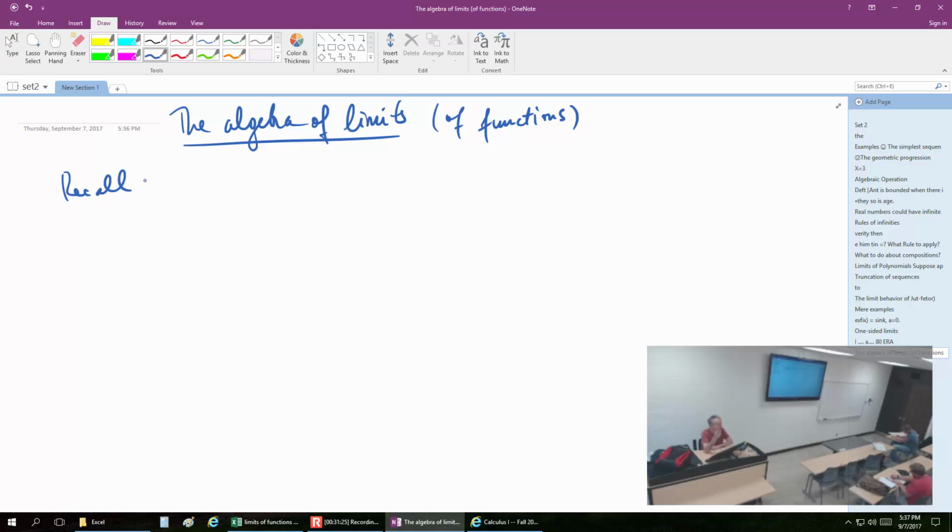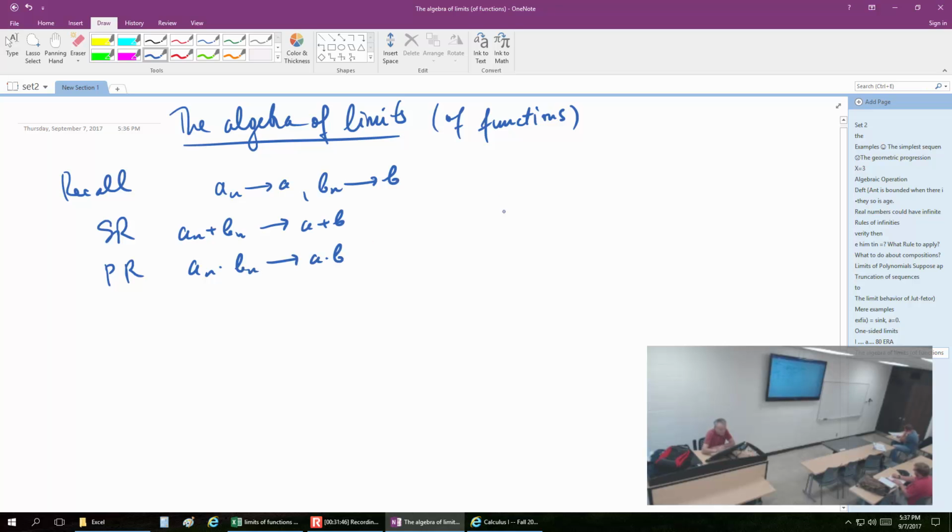So once you understand sequences, limits of sequences, you can understand functions as well. So an converges to a, bn converges to b, and then we have the sum rule, an plus bn converges to a plus b, and then we have the product rule, an times bn converges to a times b.